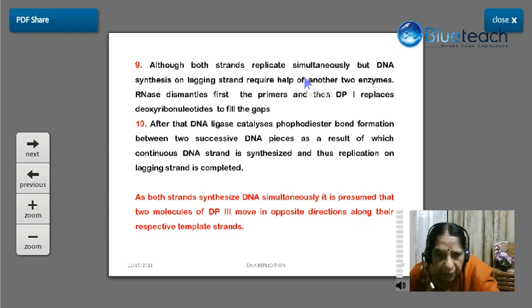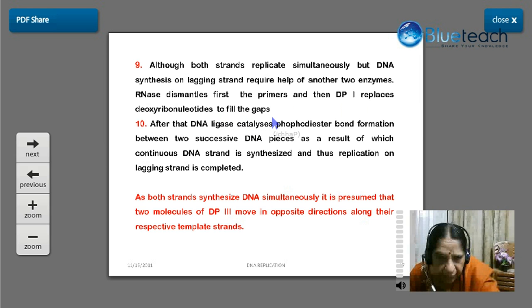Although both strands replicate simultaneously, DNA synthesis on the lagging strand requires the help of two more enzymes. RNase first dismantles the primers, and then DNA polymerase 1 replaces them with deoxyribonucleotides to fill the gaps.